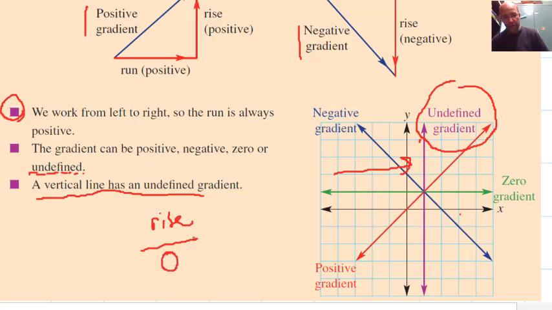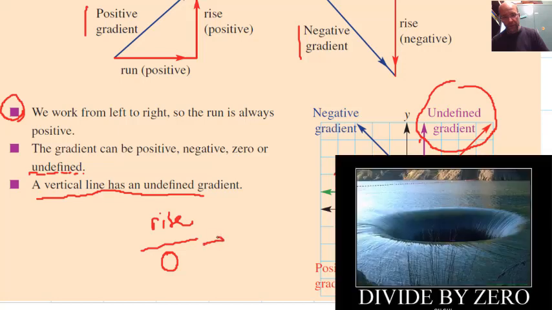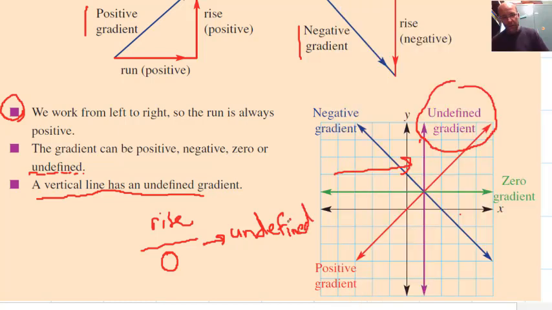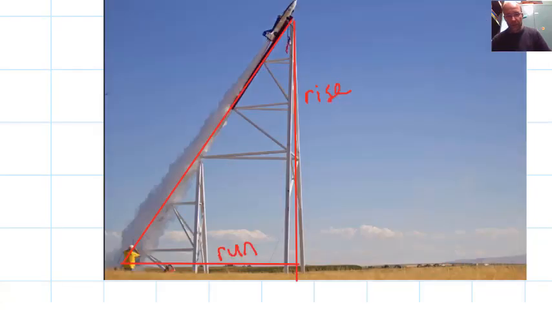It only goes vertical. So its run is 0. You can't actually divide by 0. Dividing by 0 has no meaning. So that's called in maths undefined. When you divide by 0, there is no answer because dividing by 0 has no meaning. And that's why when you hit your calculator, any number divided by 0 will say error or something similar.